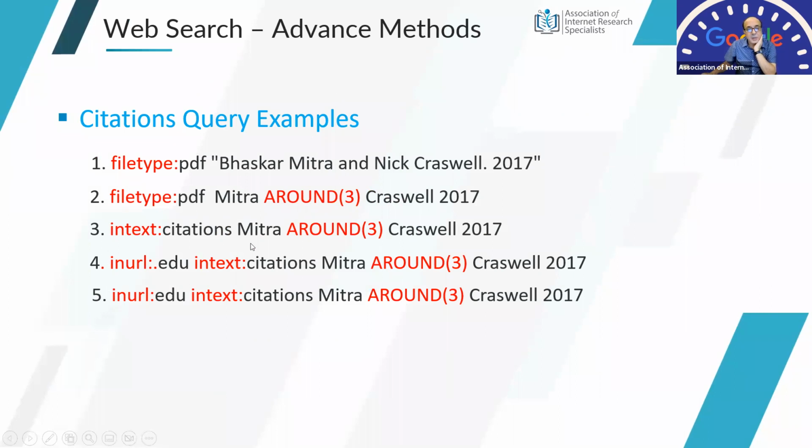We have 5 examples. Now, these queries are to look for the citation reference for which Bhaskar Mitra and Nick Craswell are quoted many times, especially when it comes to internet research, or it has something to do with semantics or textual intelligence.